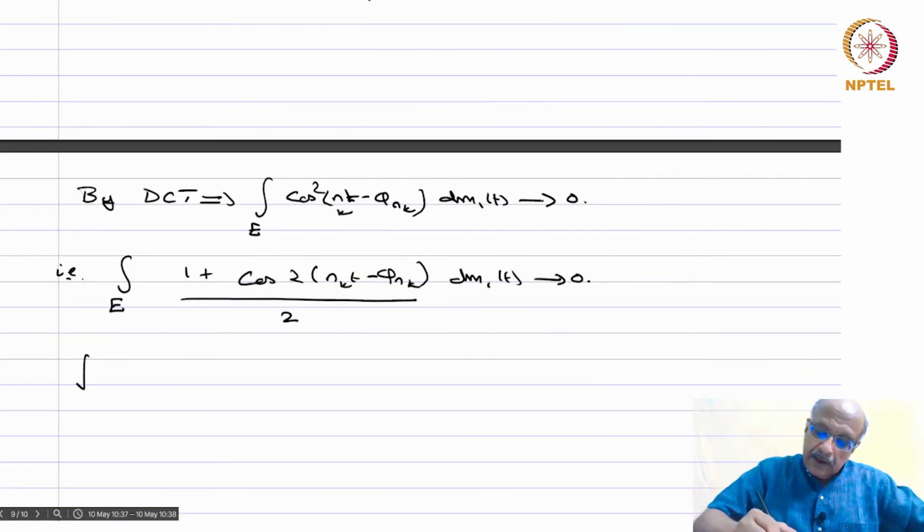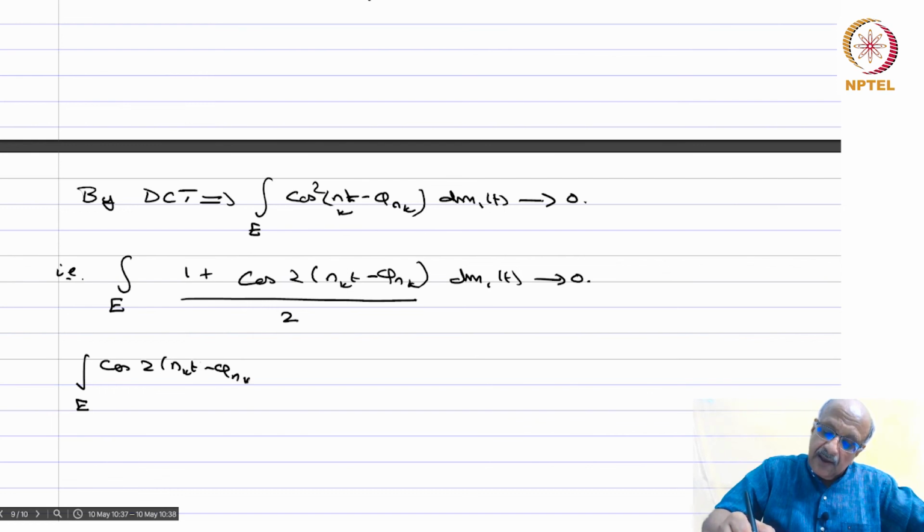Now, the integral over E of cos(2(nk t minus phi nk)) dm1(t), what is it equal to?